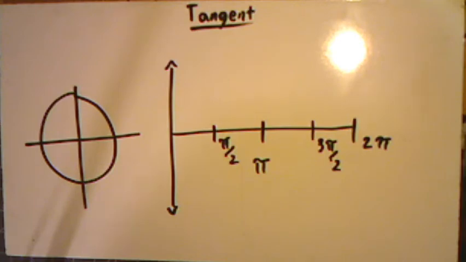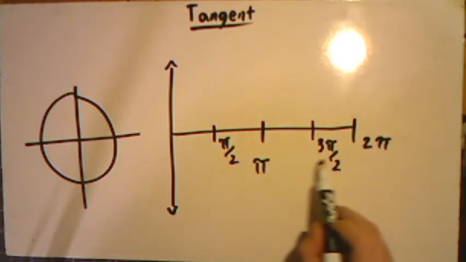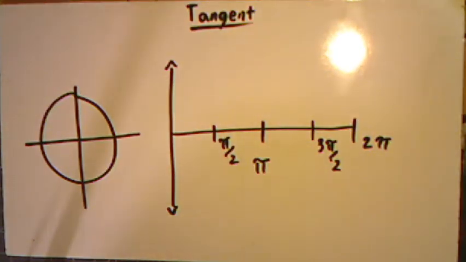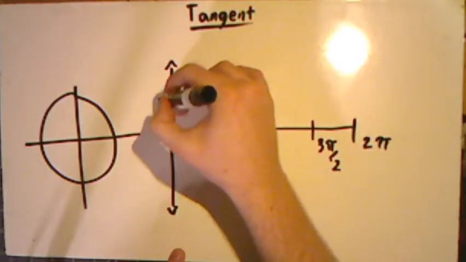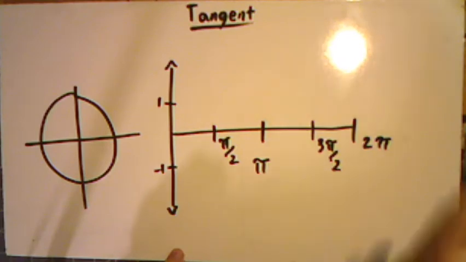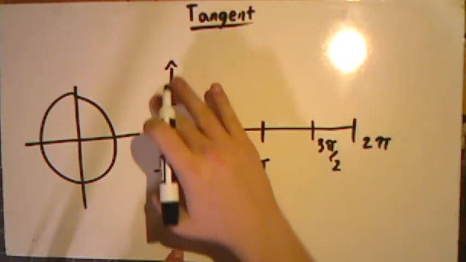But you may notice that I'm only labeling the x-axis here. The y-axis is going to be going infinite, so there's no real point in saying here's 1 and here's -1, because it's going to blast past that in an instant.